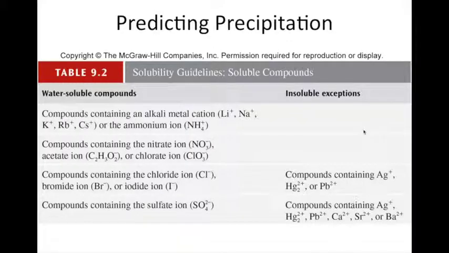You may want to review your general solubility rules in your textbook, and those generally tell us that ionic compounds that contain sodium, potassium, ammonium, or nitrate are generally soluble. However, something like a chloride that is paired up with silver is likely to be insoluble.